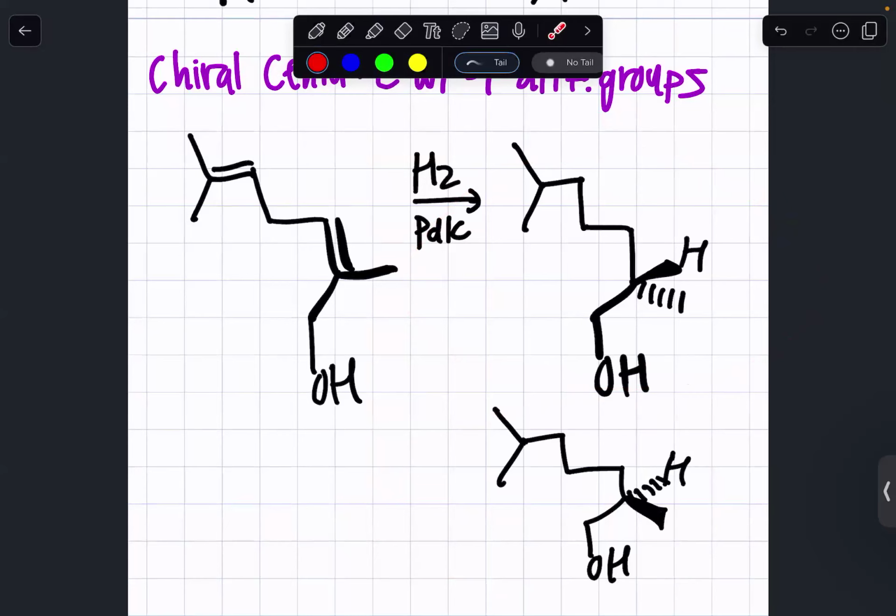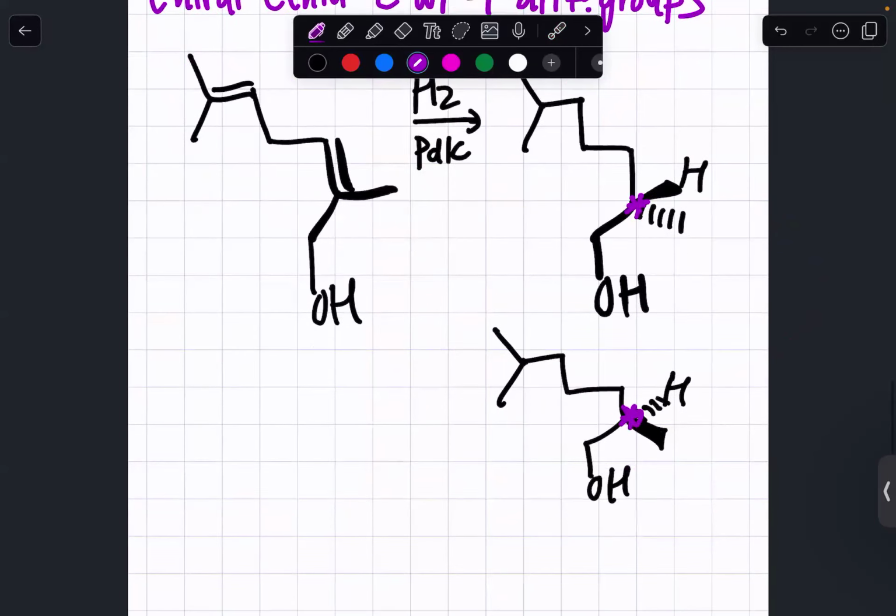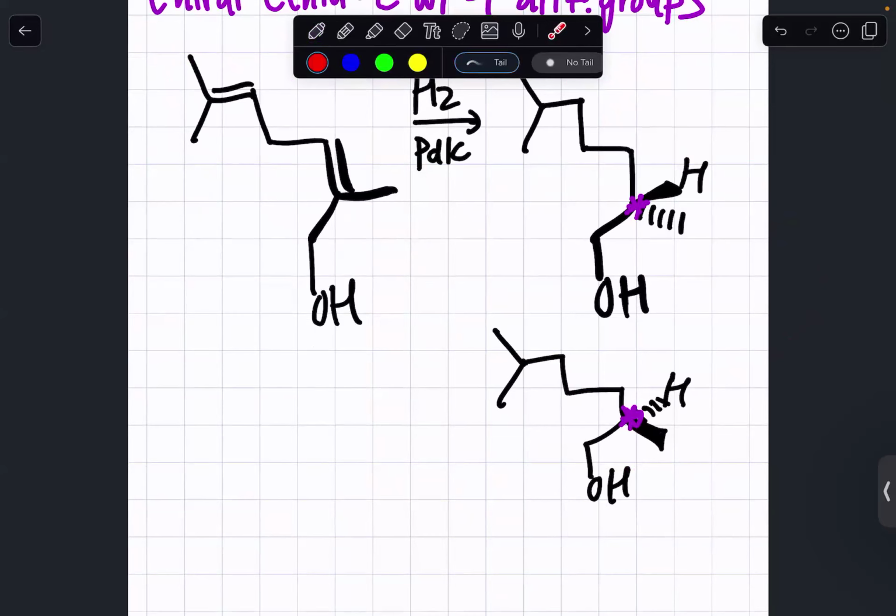Yeah. And do you know what these are to each other? Like, what's the stereochemistry relationship between these two molecules? Oh, like if it's R or S. Yeah, one is going to be R, one is going to be S. So what are they to each other if all of the R's and S's flip?